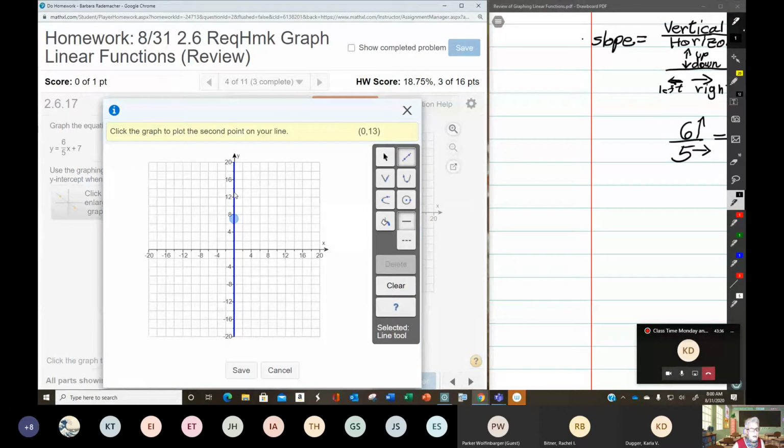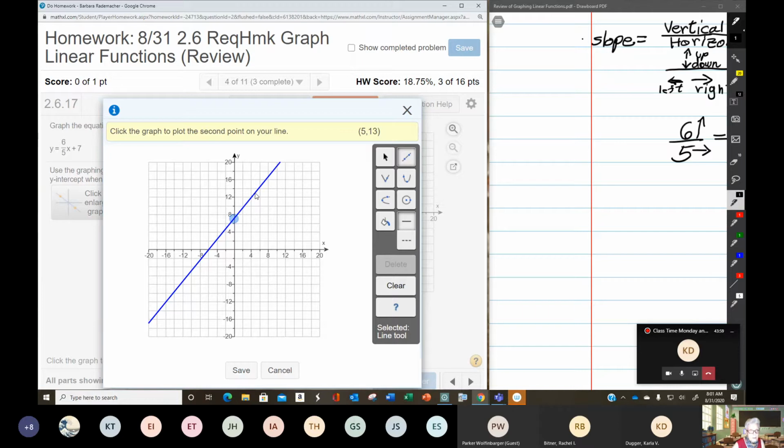And no, don't click now or it'll be just a vertical line. We also have to go to the right 5. 1, 2, 3, 4, 5.